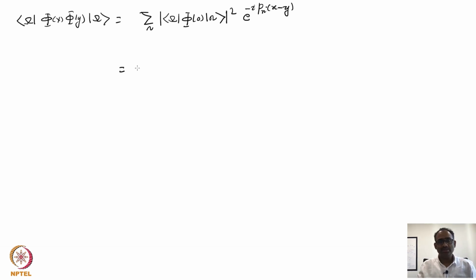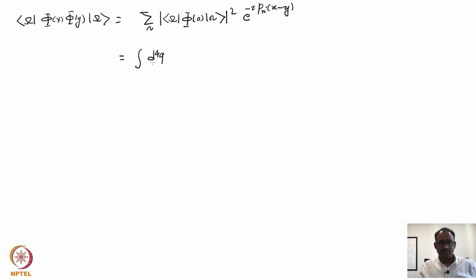I want to write it as an integral. So I just put it like this: integral d^4q, where you have the integral over q0, q1, q2 and q3 running from minus infinity to plus infinity.